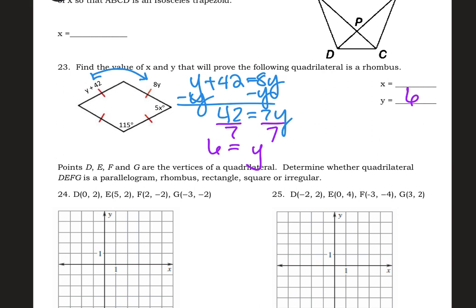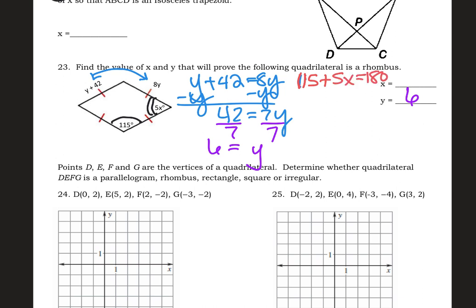All right, now let's look at the ones with the X's. These are angles. All right, and I marked them differently because they're not on opposite sides. So we're not going to set these equal. What should we do with these angles that are next to each other? Add them and set them equal to 180. Good. All right, so we're going to take 115 plus 5X, and we're going to set it equal to 180.